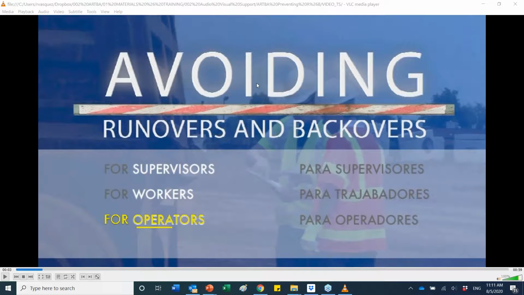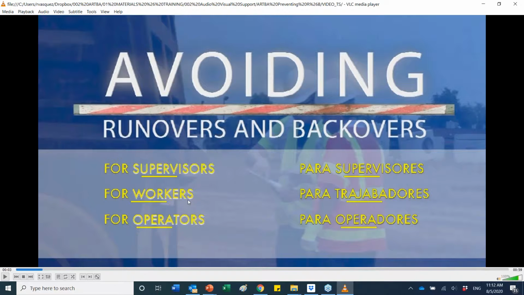They focus very much on the workers' perspective about runovers and backovers, and the supervisor's and operator's perspective as well. So let's do this review of preventing runovers and backovers from the workers' perspective, what they need to know to reinforce all these things that we were learning these days.